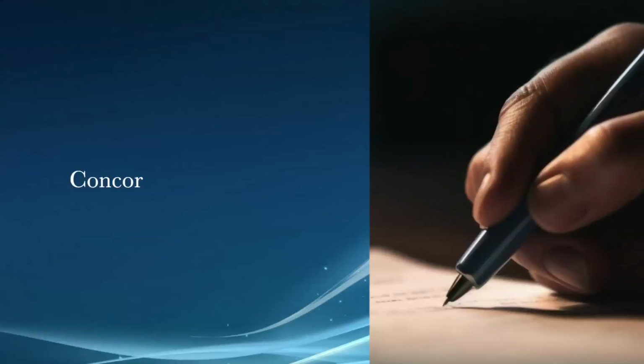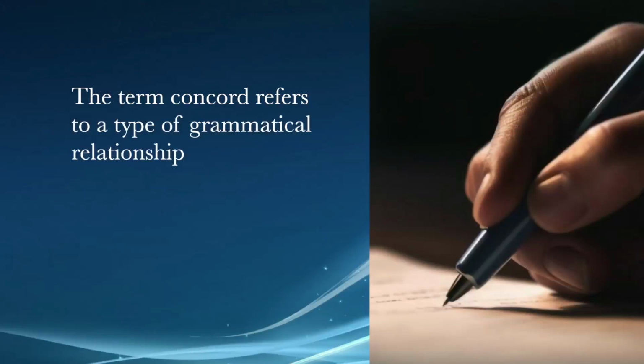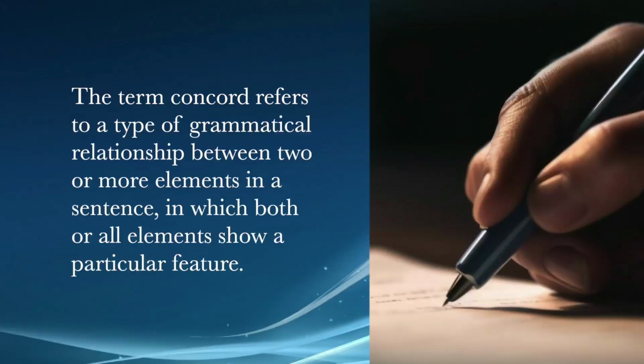The words that form the sentences belong to different classes or parts of speech, which have their own functions. So there must be grammatical links between words in a sentence structure. These links are signaled by concord or agreement. The term concord refers to a type of grammatical relationship between two or more elements in a sentence, in which both or all elements show a particular feature.